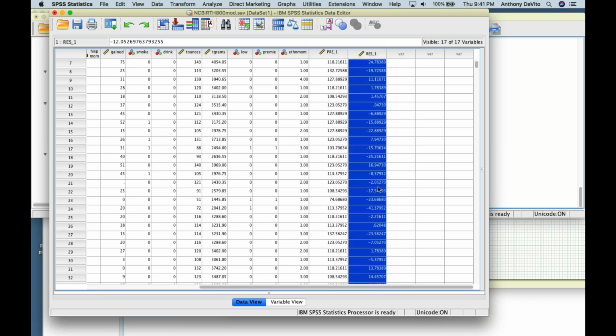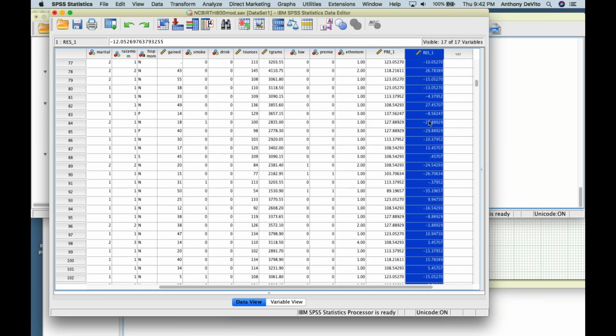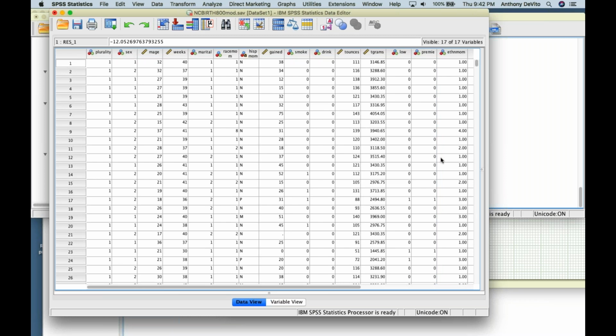These residuals should be random throughout this, because if they're not random, it would suggest that there's some systematic error going on here, something that we're not accounting for, that systematically is confounding this data. So this is our predicted values and our residual values.